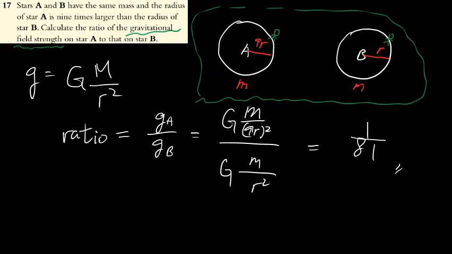The gravitational field strength that these two people would experience, not A acting on B or B acting on A, but the one on the surface itself. So the R you use will be the radius of the planet itself, and just apply the equation and you should be able to find the answers here.